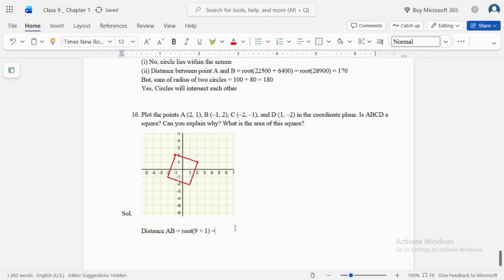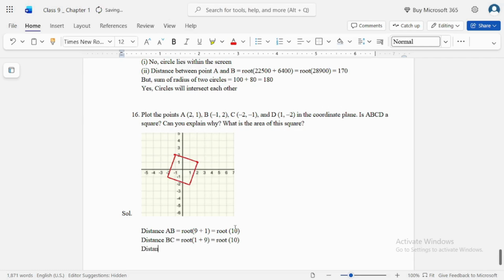So this is root of 10. Similarly, we will find the distance BC. What is BC? Minus 2 plus 1, which is minus 1, square is 1, plus minus 1 minus 2, minus 3, and square is 9. So this is also root 10.